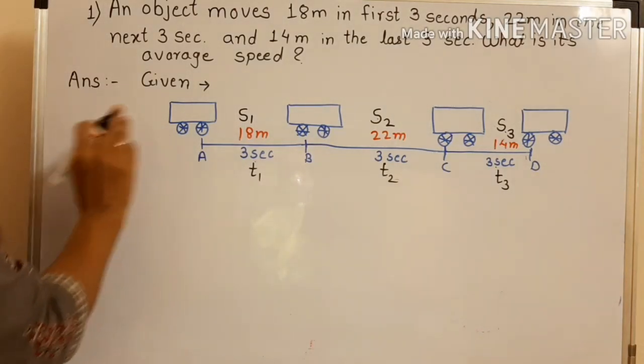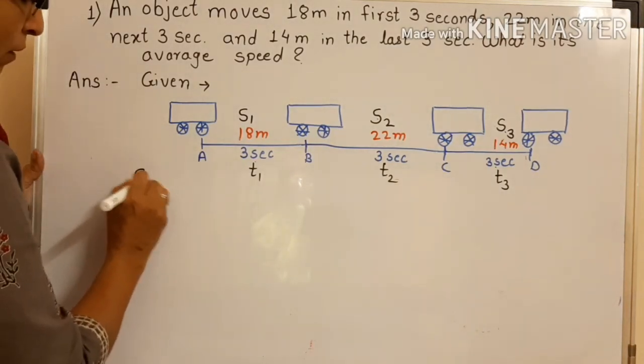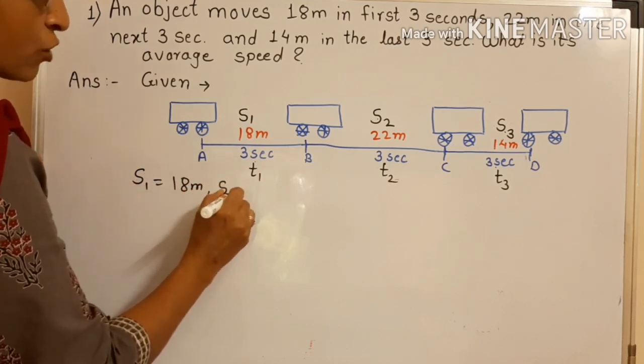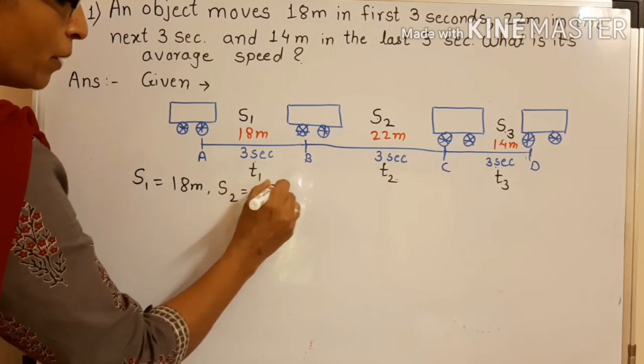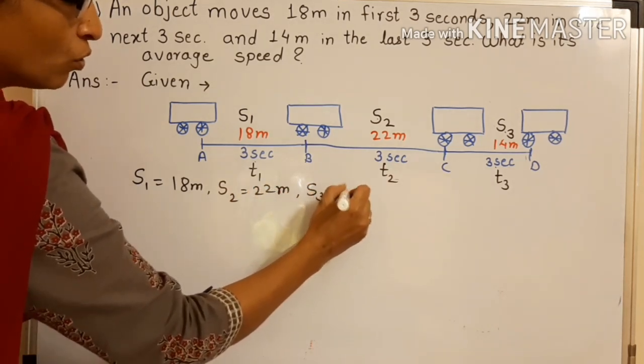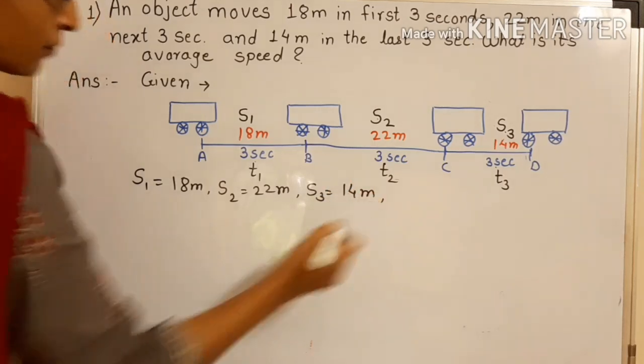So I write what is given here. S1 is equal to 18 meters, S2 is equal to 22 meters, S3 is equal to 14 meters.